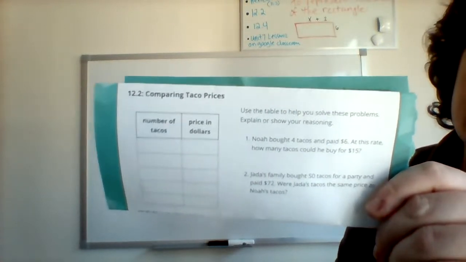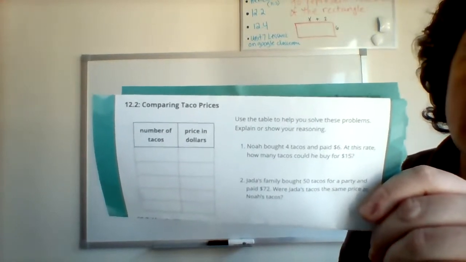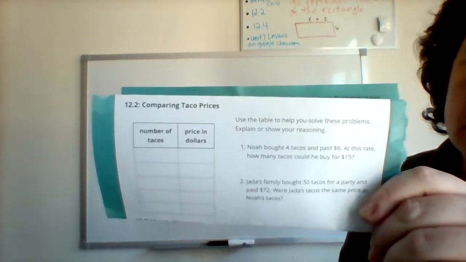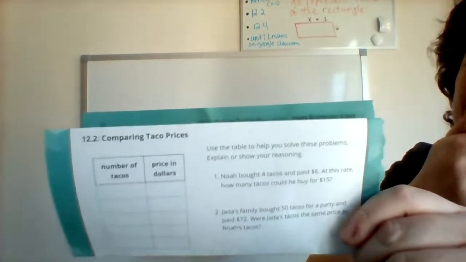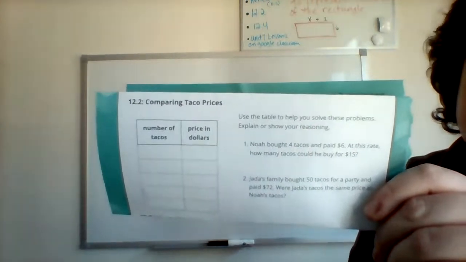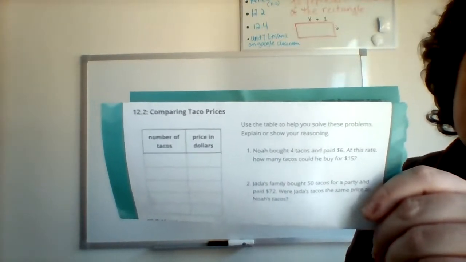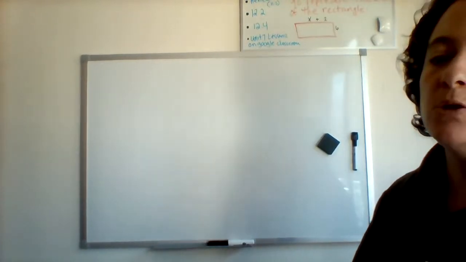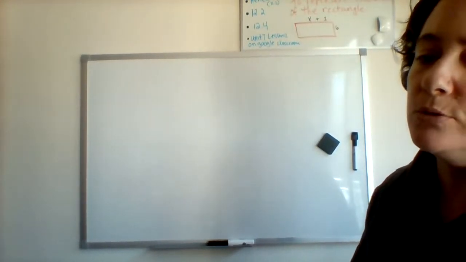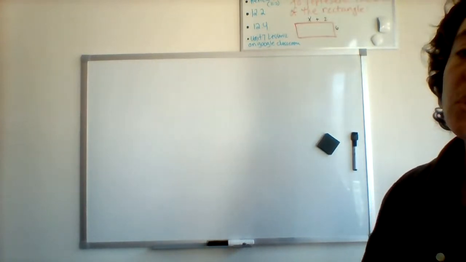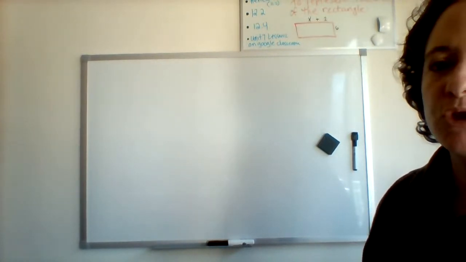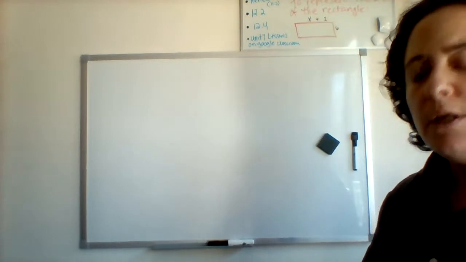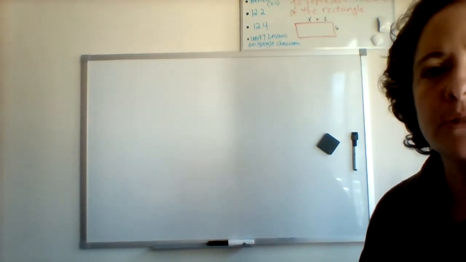Yes, we are skipping 12.3. We're going to do 12.2 and 12.4. Okay, fill in the table. I actually didn't use every single row. I used 3 rows. So if you want to just use 3 rows to answer both questions, go ahead. But you have to use the table in some capacity.